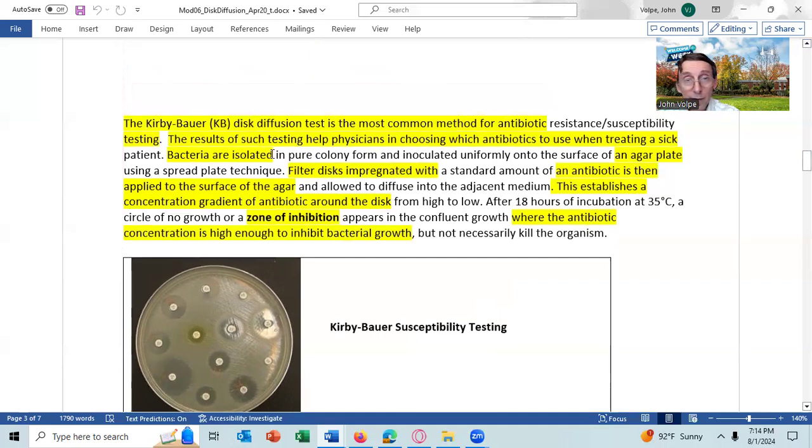The bacteria can be isolated, made into a pure culture, put onto an agar plate, and then filter discs impregnated with the antibiotic are placed on the plate to test the antibiotic against the bacteria. You then incubate the plate and look for a zone of inhibition.